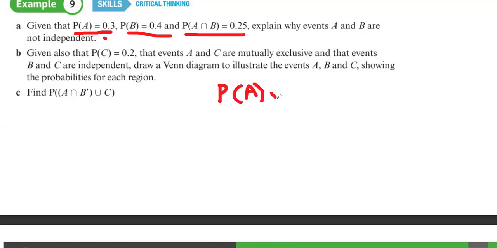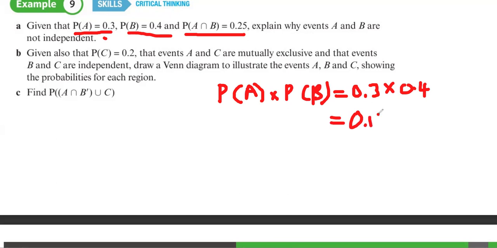Therefore, first we multiply P(A) and P(B): 0.3 multiplied by 0.4, answer is 0.12. That is not equal to 0.25. Therefore, A and B are not independent.